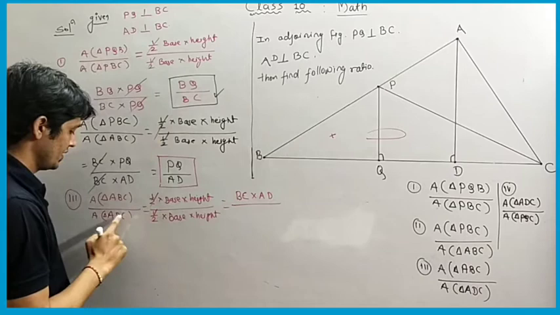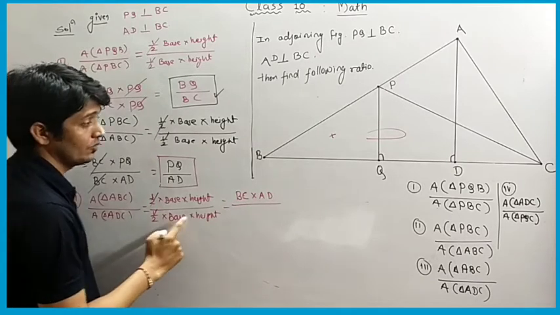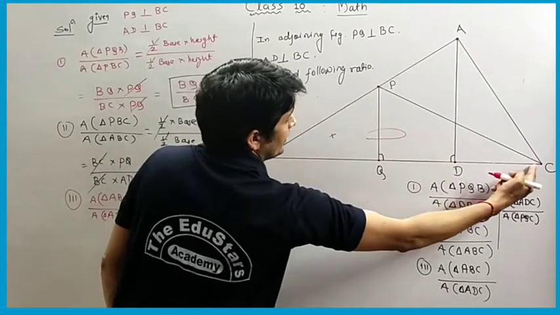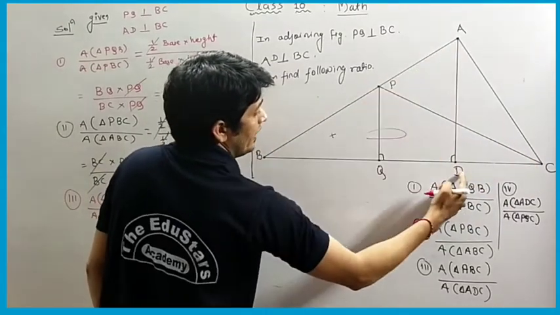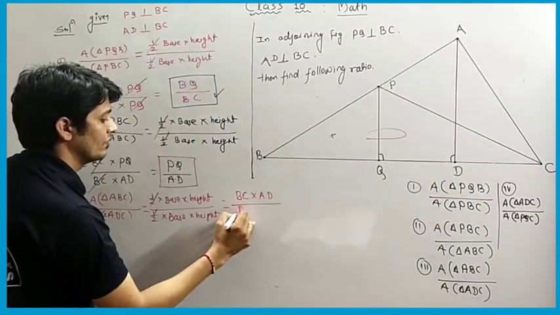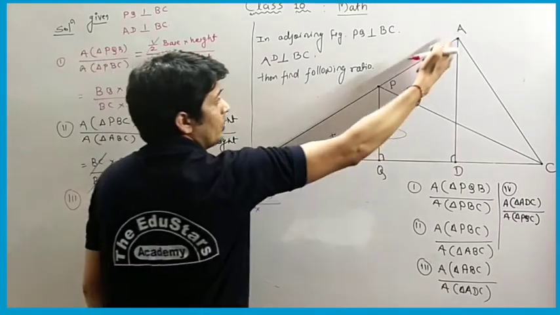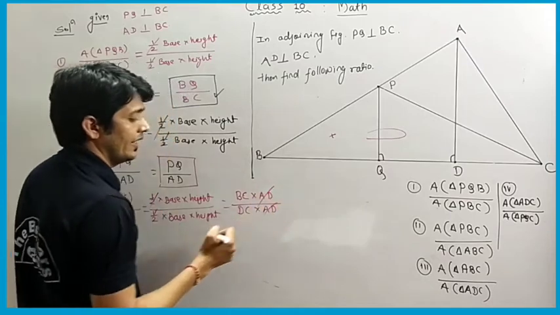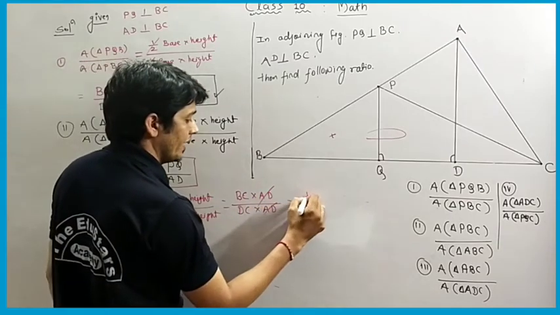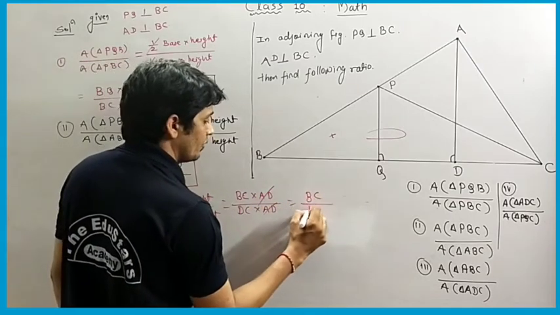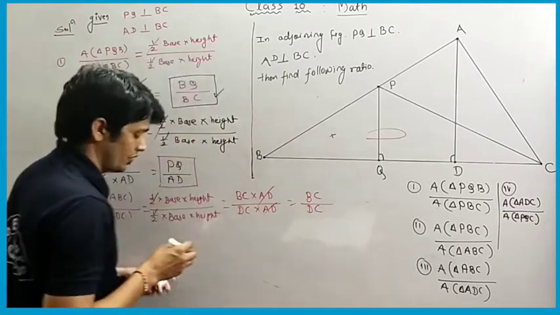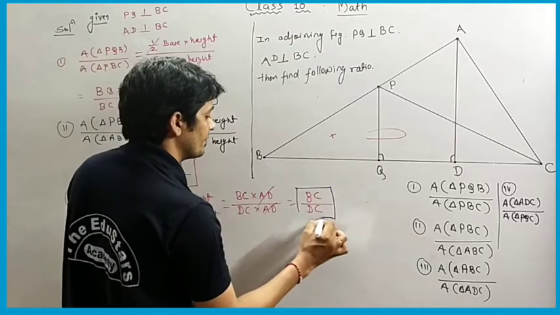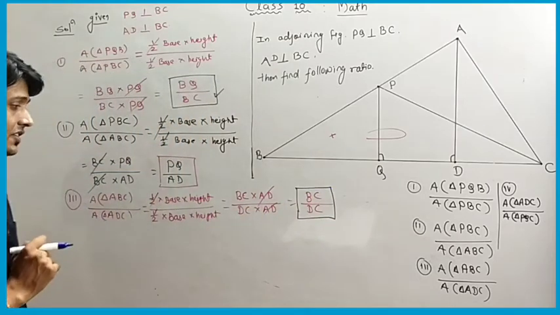Divided by, for ADC, the base will be DC into height AD. So AD and AD will get cancelled. So we have BC divided by DC. Okay, so this is the third answer.